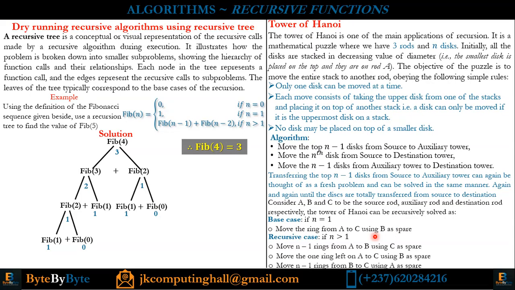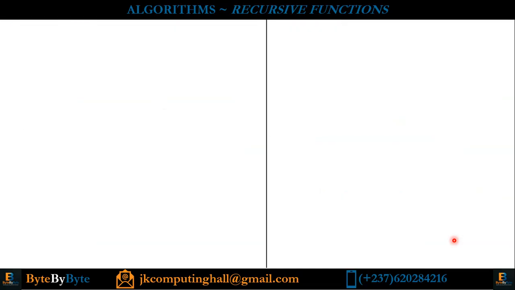The recursive case, if I have more than one disk: I move n minus 1 rings from A to B using C as spare. Then I move the one ring left from A to C using B as spare. And finally, I move n minus 1 rings from B to C using A as spare. So you see that here it just deals with the movement from one to the other using the other one as auxiliary. But it will be better for you to visualize how it is taking place.